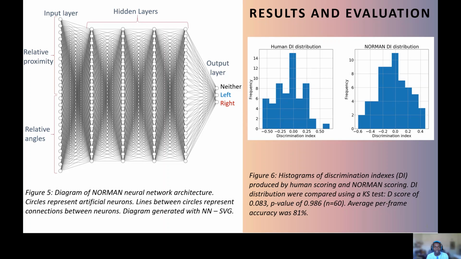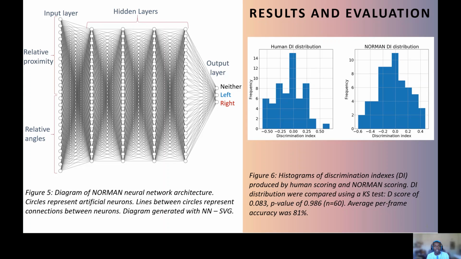Now, to test how well this neural network worked, I used a KS test to compare the distribution of discrimination index across videos. If you compare the Norman distribution and the human distribution, they are statistically similar.